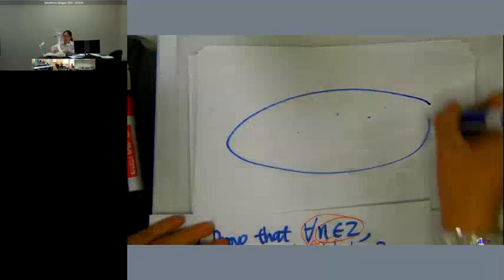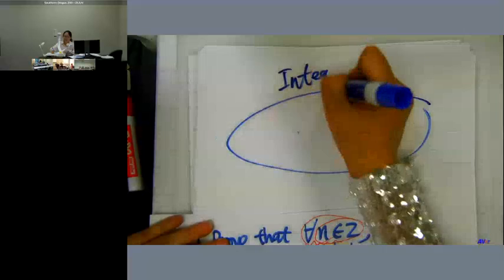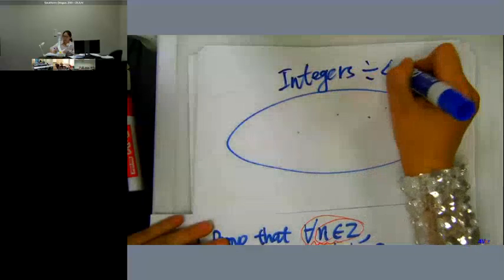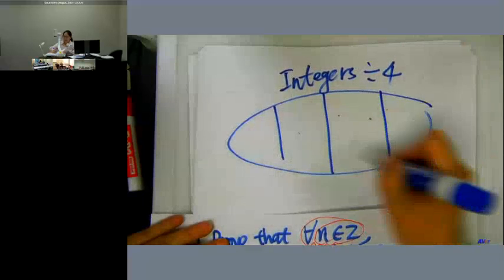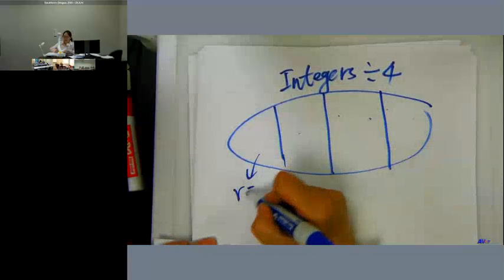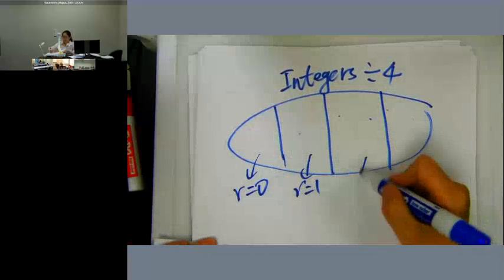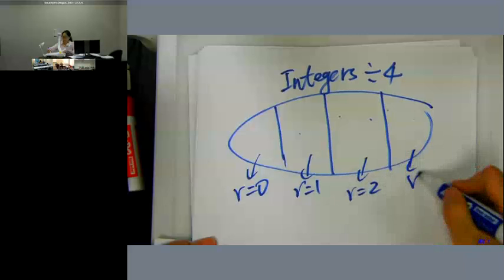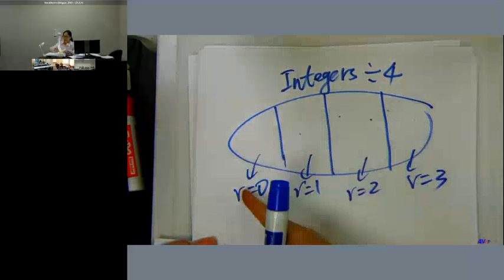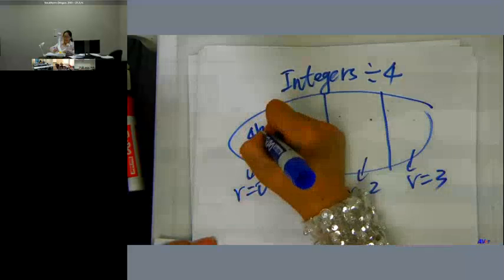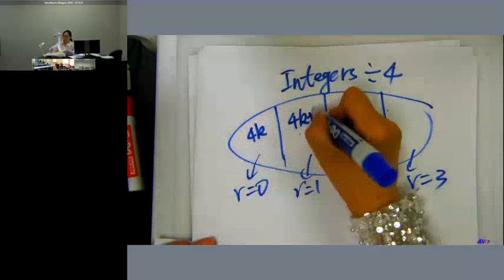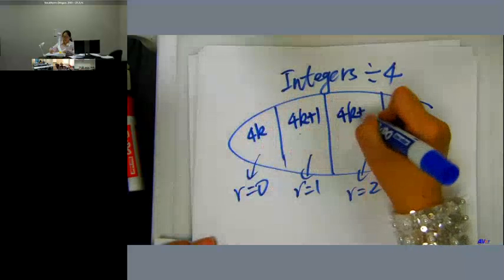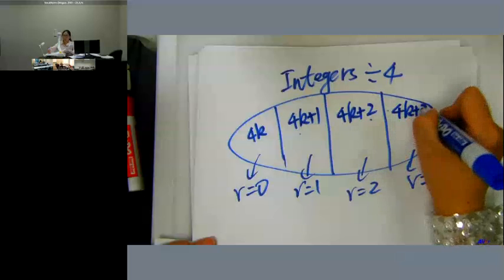Because any integer, if you divide it by 4, you're going to get 4 remainders: remainder 0, or remainder 1, or remainder 2, or remainder 3. If the remainder is 0, you're going to get 4k. If the remainder is 1, you get 4k plus 1, or 4k plus 2, and 4k plus 3.